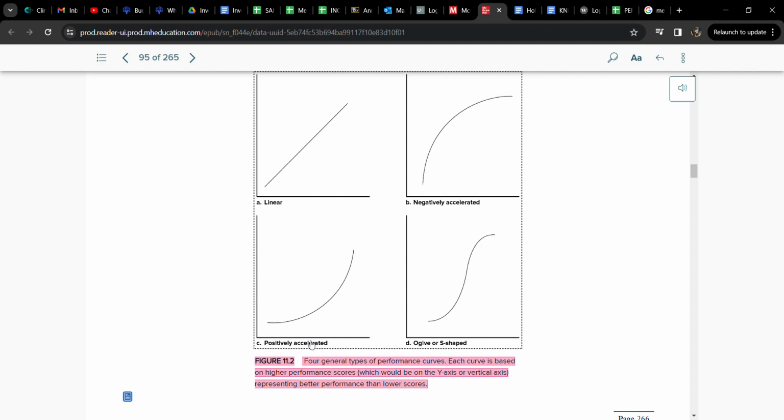And then D is this ogive or S-shaped curve. Just call it an S-shaped curve just to keep it simple for you guys. It is basically saying there is a middle point where initially you don't learn a lot of things because it's a difficult task. You're really challenged at first, and then as you start to understand it, you're going to learn a lot in the middle part, and then eventually you reach mastery, where the learning curve starts to drop off. So there are certain skills like this, like really complex skills.